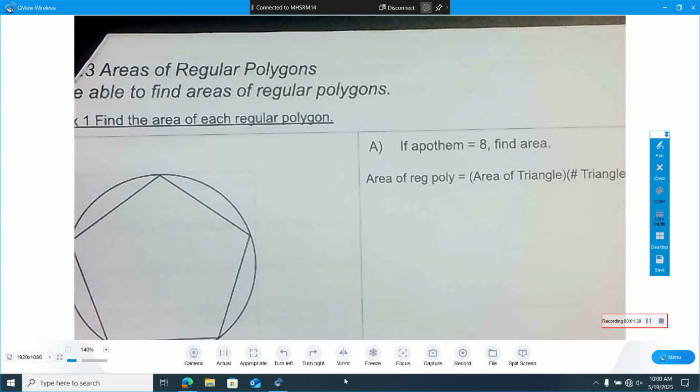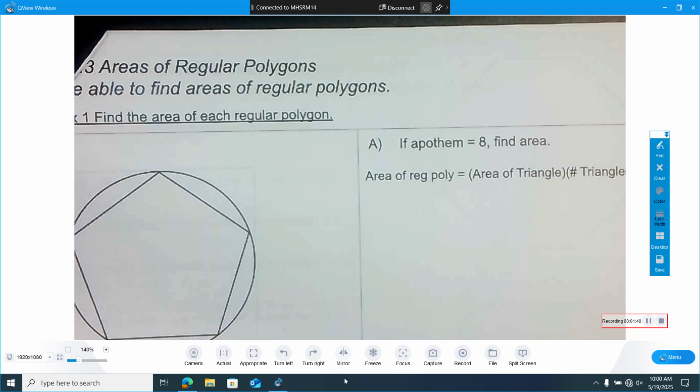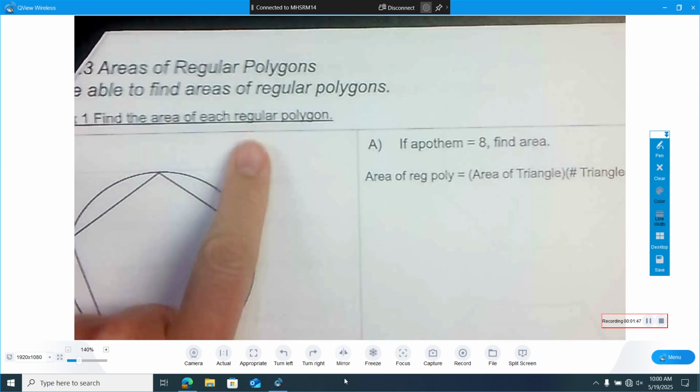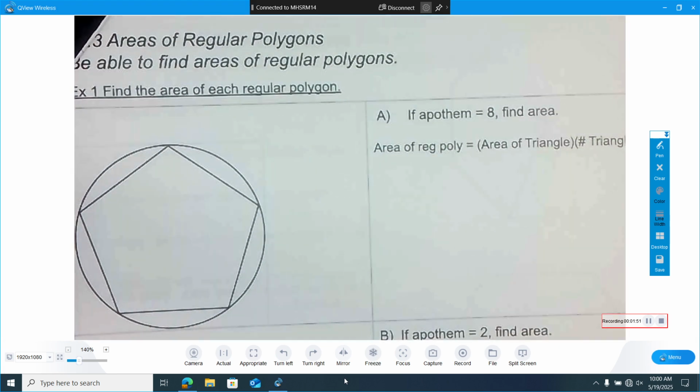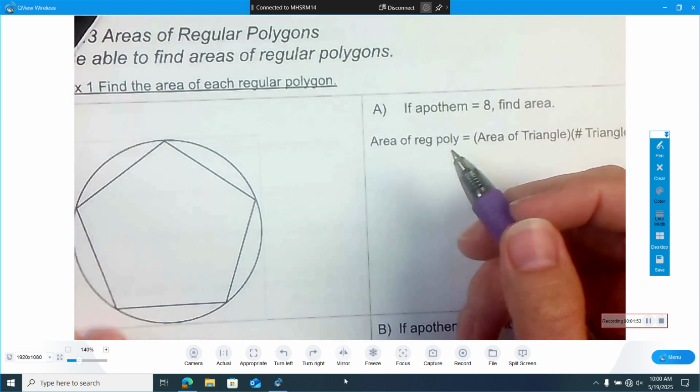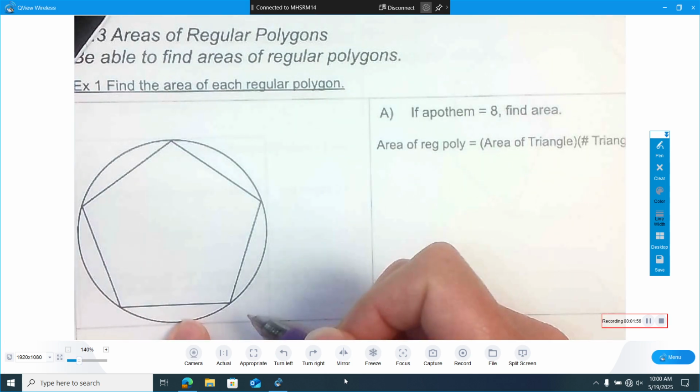So, example 1 here, we want to find the area of each regular polygon. Now, just to remind you, a regular polygon is here. You can see the first one here has been inscribed in a circle.